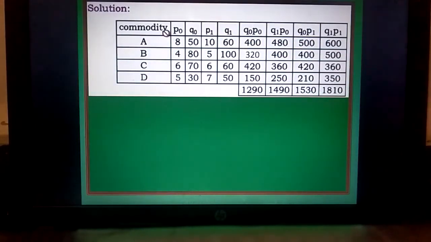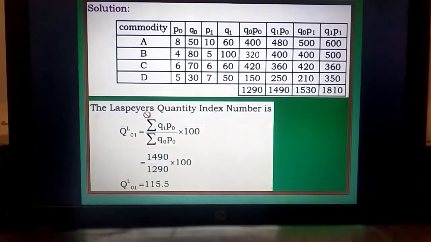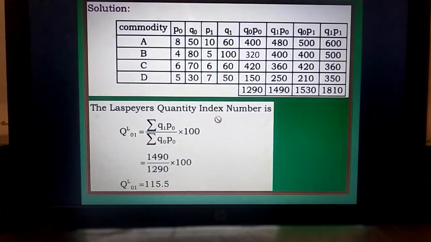So here in terms of solution, P naught, Q naught, P1 and Q1 were already given in the data, and the ones required to be calculated, we had shown in the previous slide. So one by one let us see the formula. The Laspeyres' quantity index number is Q01L. Here look at the cursor.